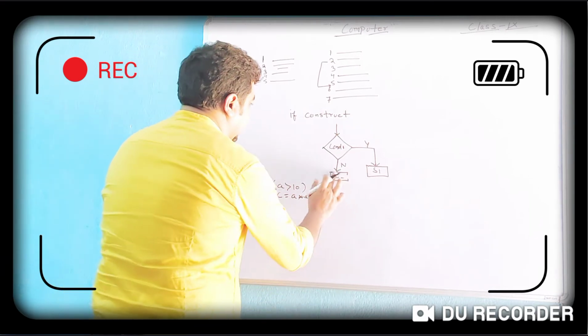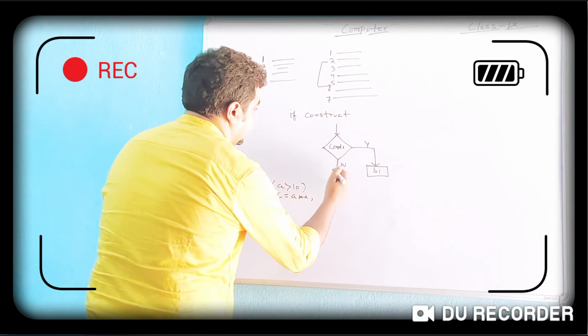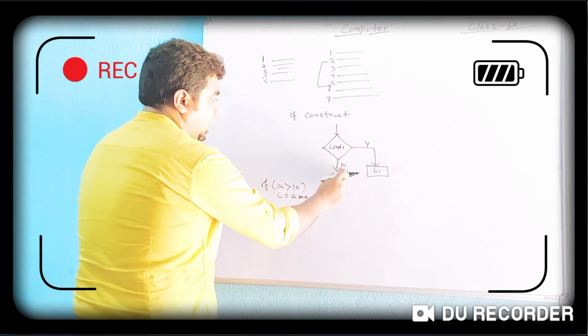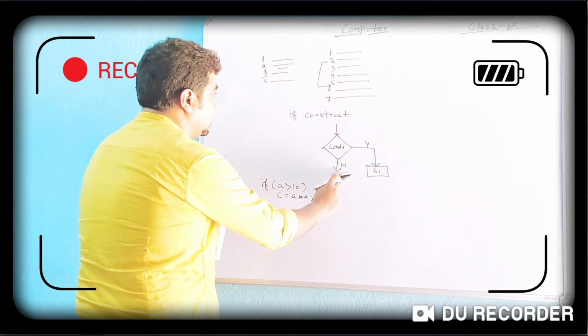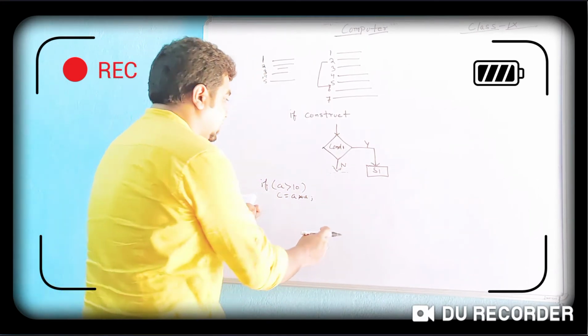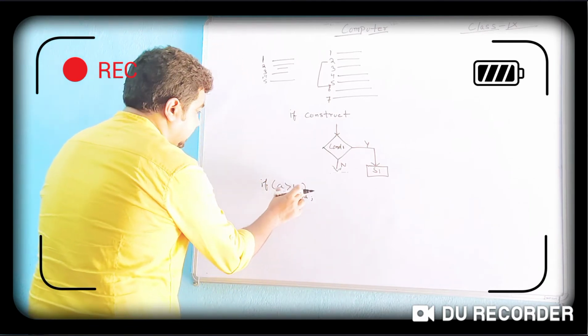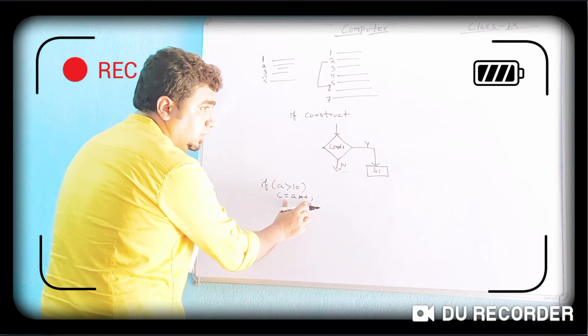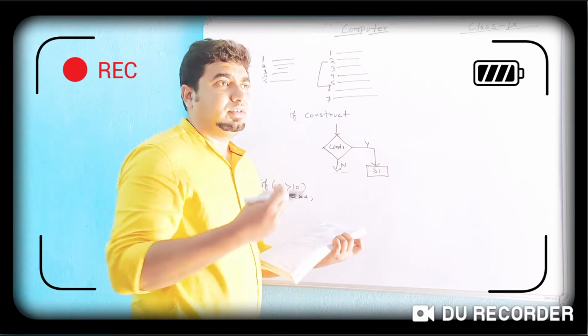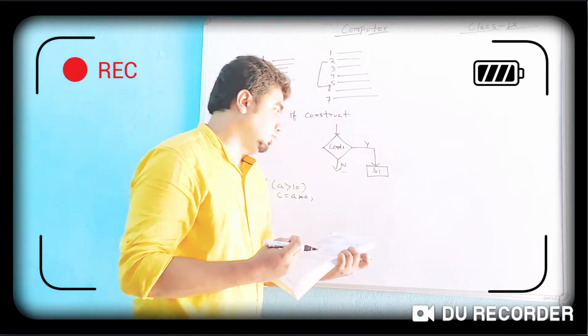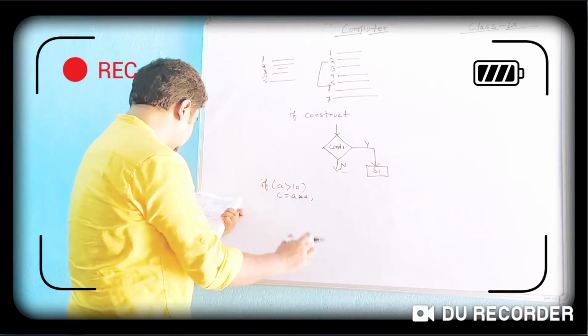I cannot write the S2 part here because I don't want to execute anything. The control will go directly to the downward part. If this condition is not true, nothing should execute. So this is known as only if.